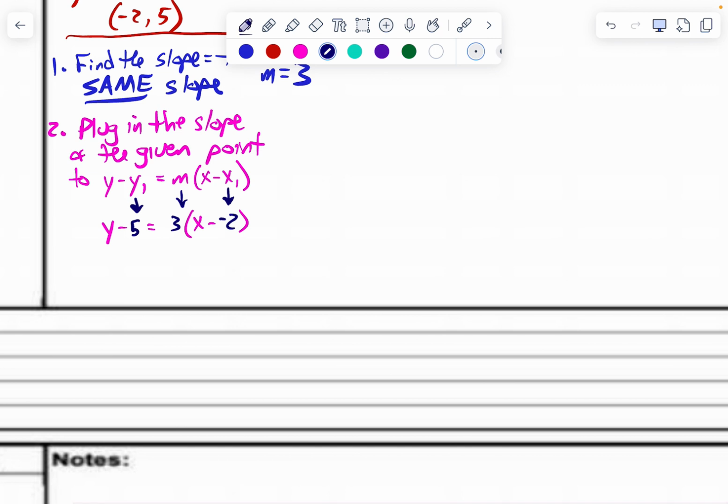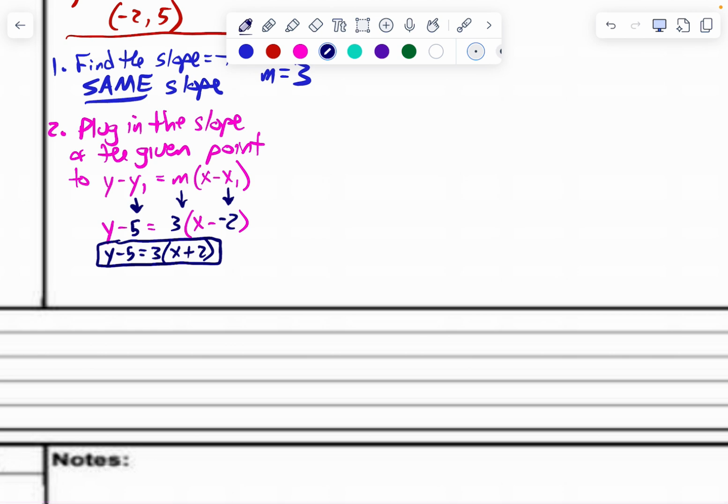So if we clean this up, then it would say y minus 5 equals 3 times x plus 2. Now that's parallel. It's not necessarily in your favorite form, but it's parallel.